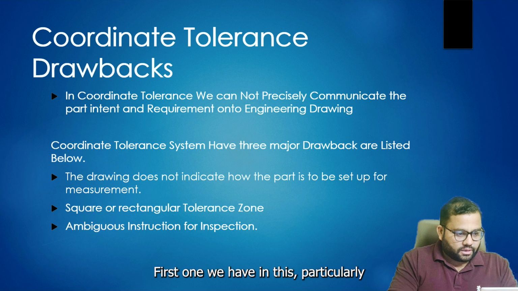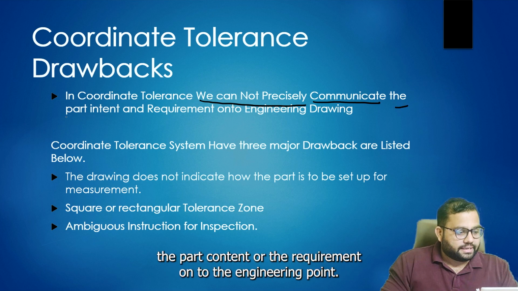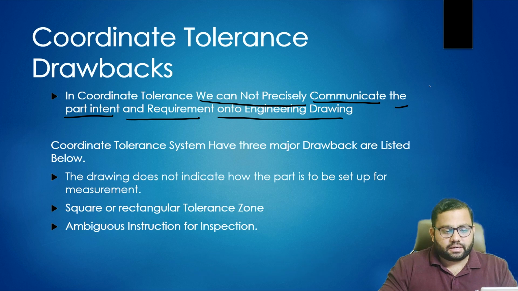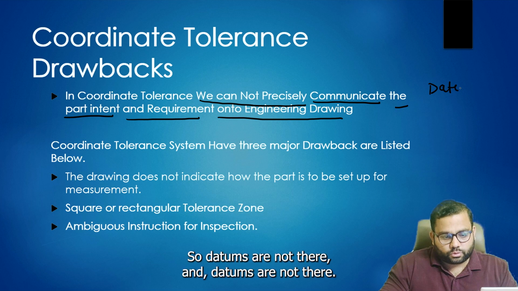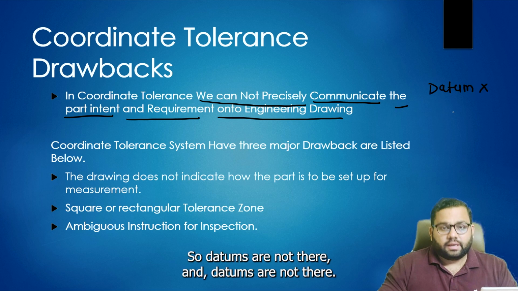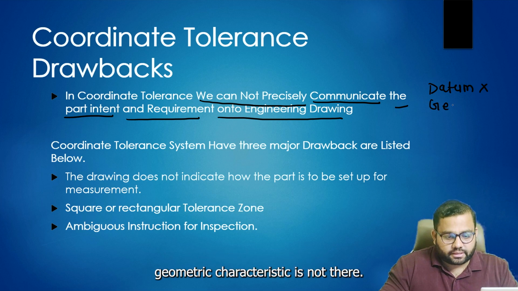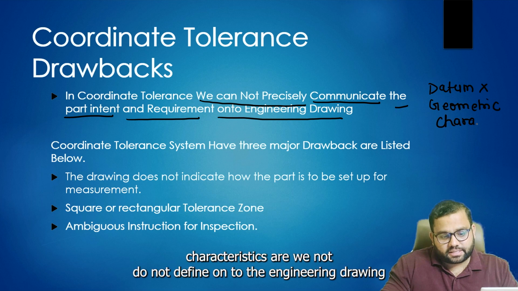First, in coordinate tolerances, we cannot precisely communicate the part intent or the requirement on the engineering drawing. As I have already told you, in the coordinate tolerance system we do not mention datums, and geometric characteristics are not defined on the engineering drawing.